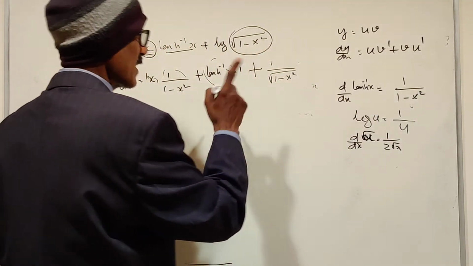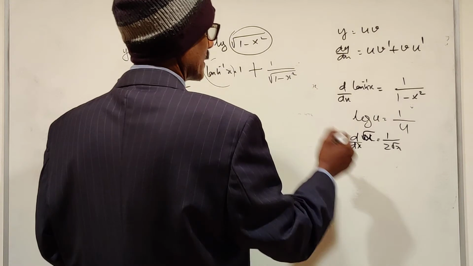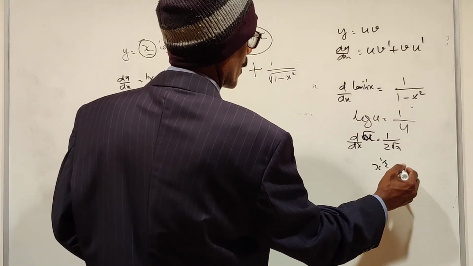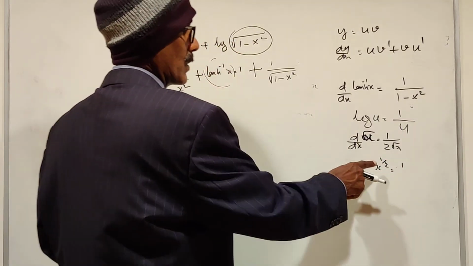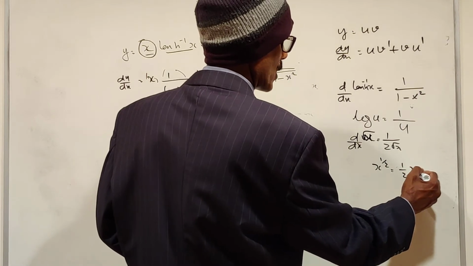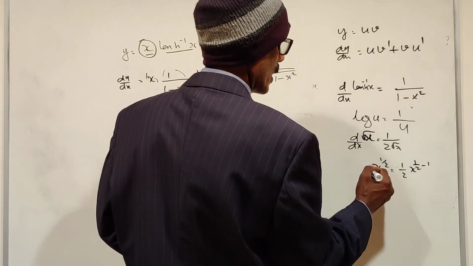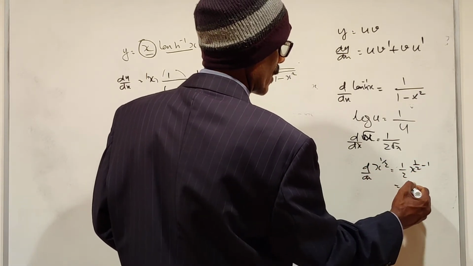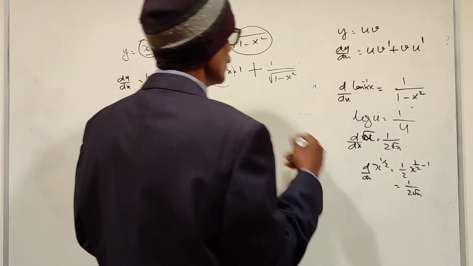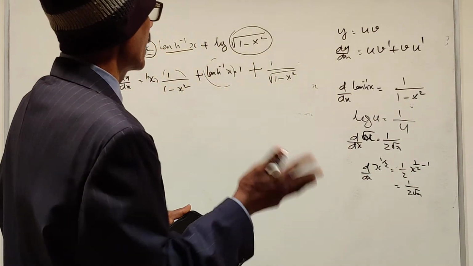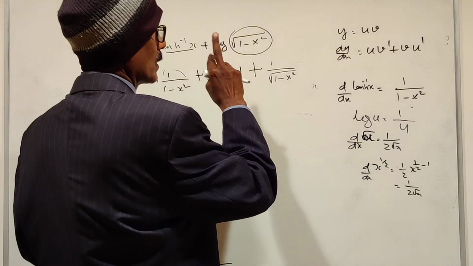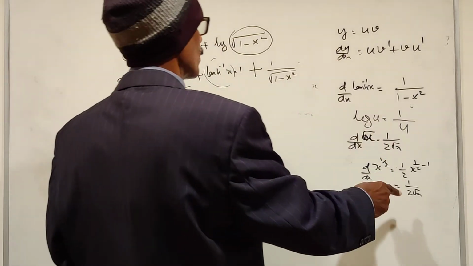That's also a formula. Actually, it's not a formula. If you do it by half into x raised to half minus 1, you get 1 by 2 root x. Okay, it is better to learn it by heart. That is, the derivative of root x is 1 by 2 root x.